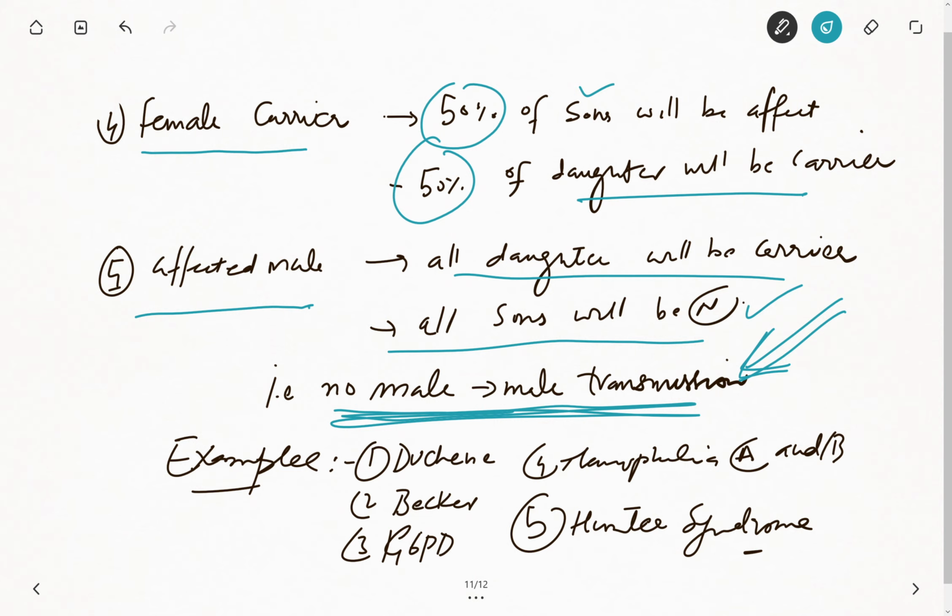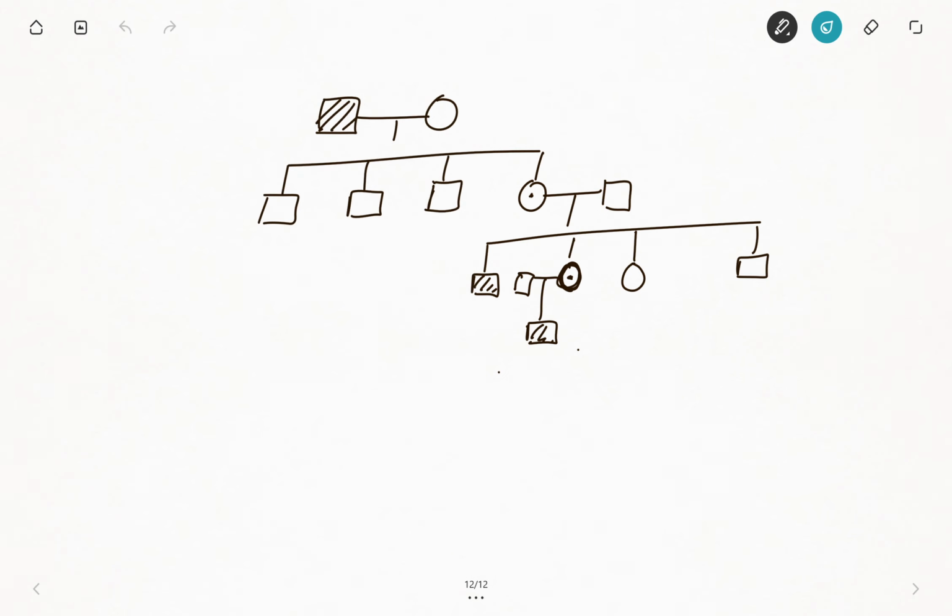It excludes X-linked inheritance. These are the features of X-linked inheritance, and examples are Duchenne, Becker, G6PD, hemophilia A and B, and Hunter syndrome. Now we have a pedigree here, and you see the father is affected and the mother is normal, so she doesn't have an affected gene.